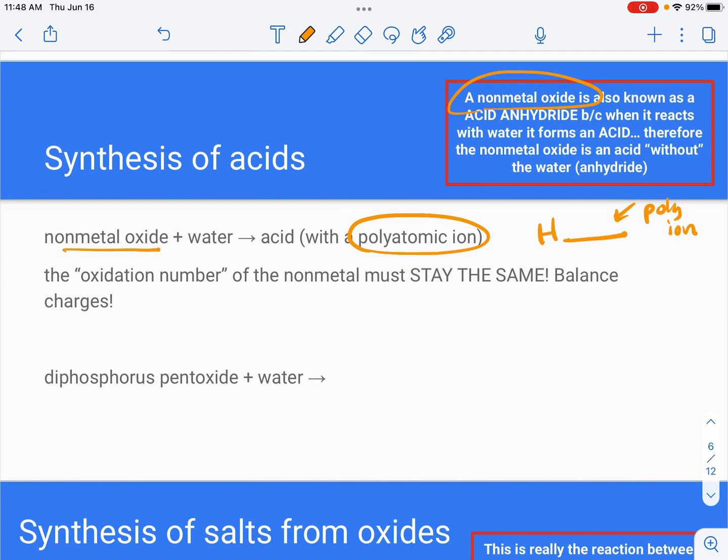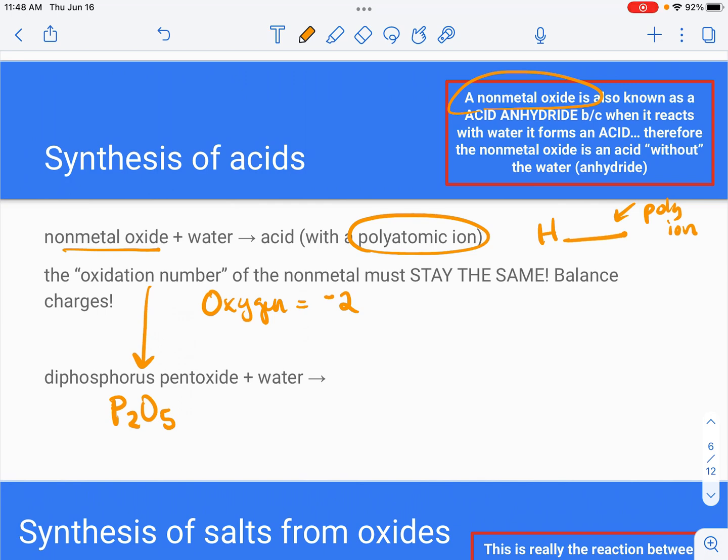Okay, so let's say that I have diphosphorus pentoxide. This is a molecular compound. It's 2 nonmetals, and so it's P2O5. If I want to find the oxidation numbers, I'm finding the charge of the phosphorus and the oxygen. And you already know that oxygen in a compound has an oxidation number of -2.